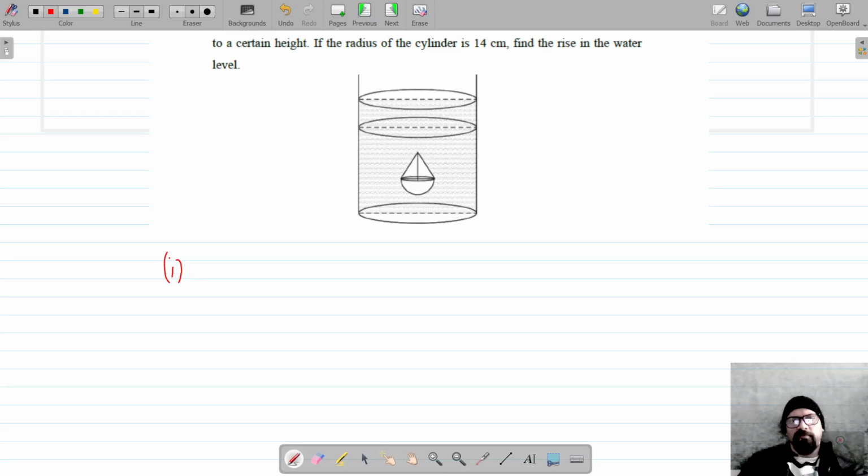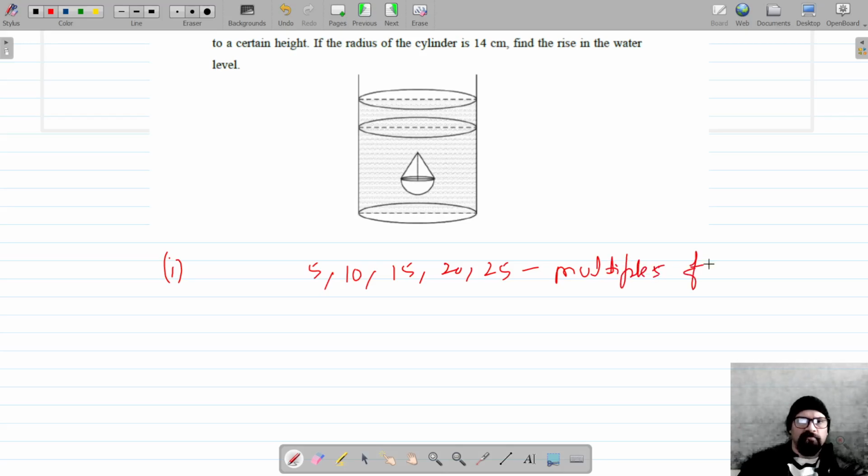So multiples of 5 on the cards are 5, 10, 15, 20, and 25. These are multiples of 5, and the total number of cards is 25. If we count the multiples, there are 5.